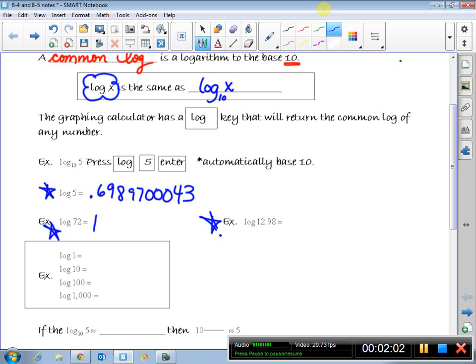And you should have 1.857332496. And go ahead and try ahead of me, log of 12.98. So it's pretty easy. You're just hitting your log button.